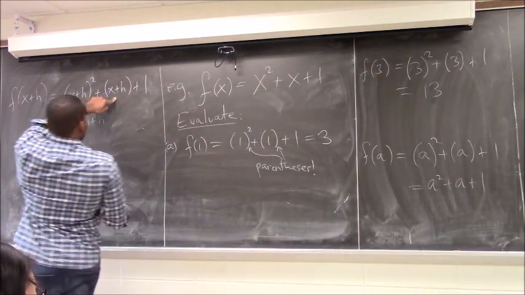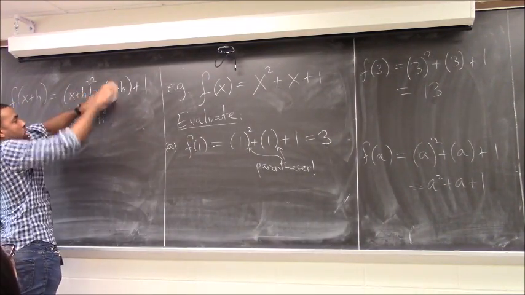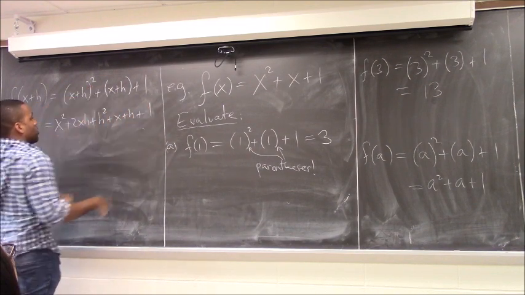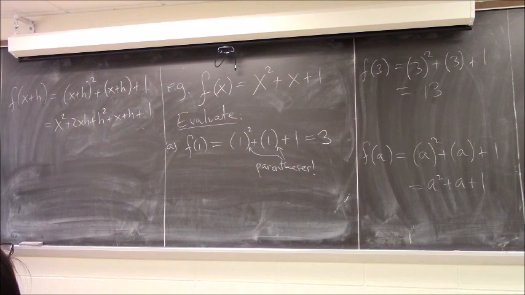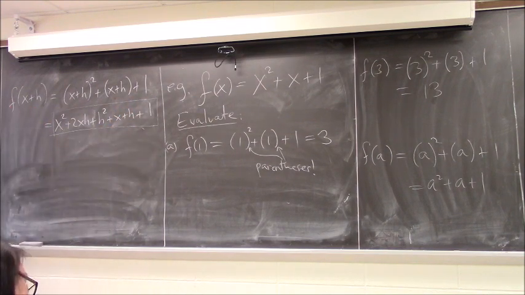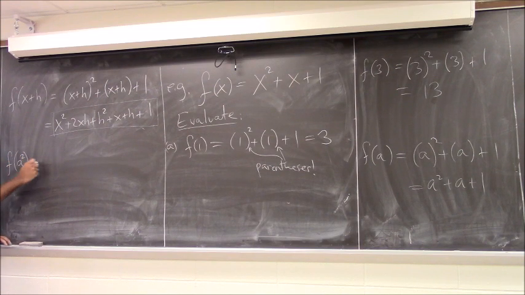Okay. This guy, I can just remove the parentheses, there's a 1 in front, so that's just plus x plus h, and then plus 1. Okay. That would be that guy. What about f of a squared?